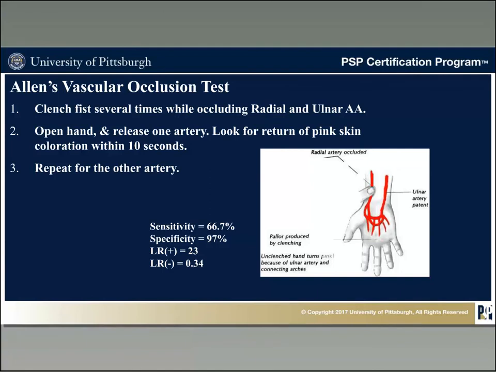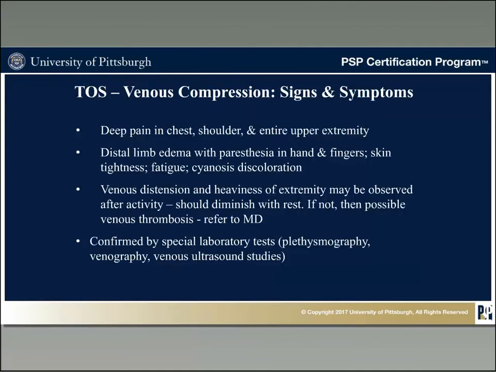So again, the specificity of Allen's test here is fairly high. Its sensitivity is a little bit lower, but again, it is thought to be associated with an arterial deficit in that upper extremity.